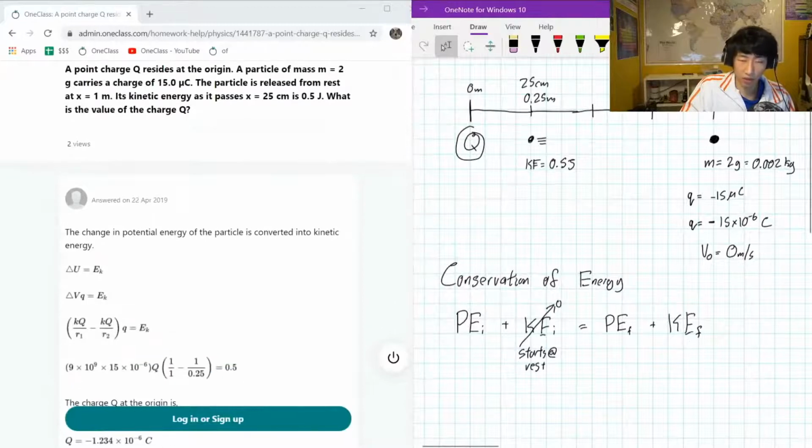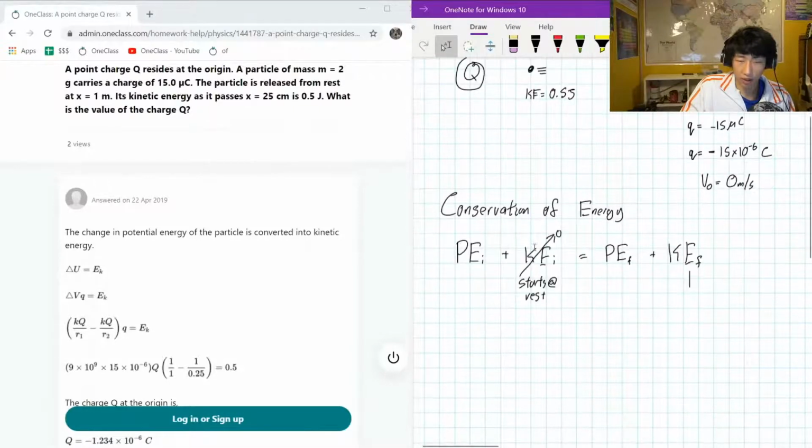We know that the potential energy of a charged particle is going to be kQq over r. Okay, that's the potential energy.